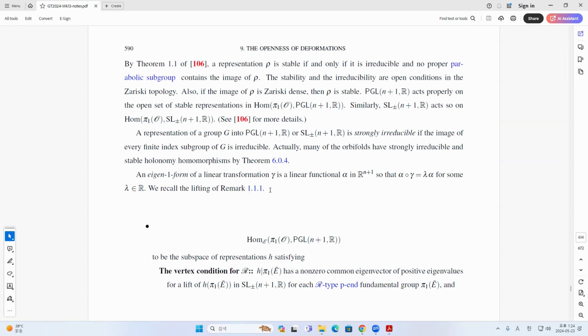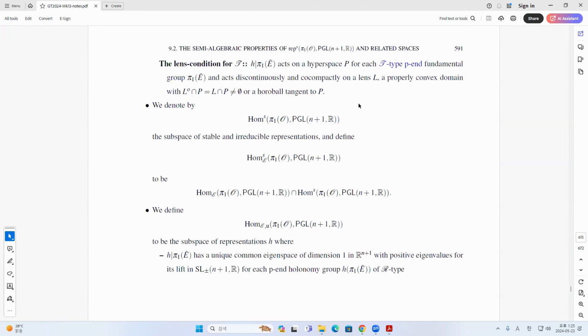An eigen one-form is a linear functional alpha on R^(n+1) such that alpha composed with gamma is lambda alpha for some lambda in R. Now we define Hom_E of pi_1 into PGL(n+1,R). This is a subspace of representations satisfying the vertex condition: if you have an R-type end, then it has a nonzero common eigenvector with positive eigenvalue for the lift.